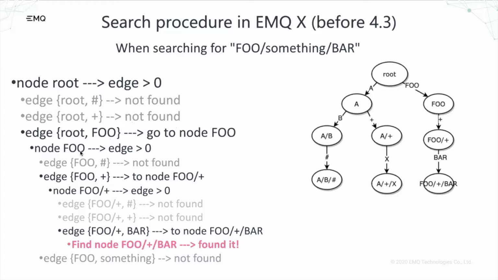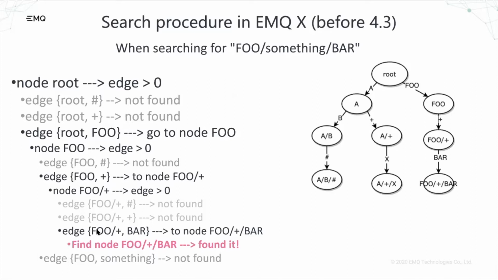and then it looks up foo's edges, foo/# and foo/+, to find there's a node from foo with label plus to foo/+, and then it goes deeper.